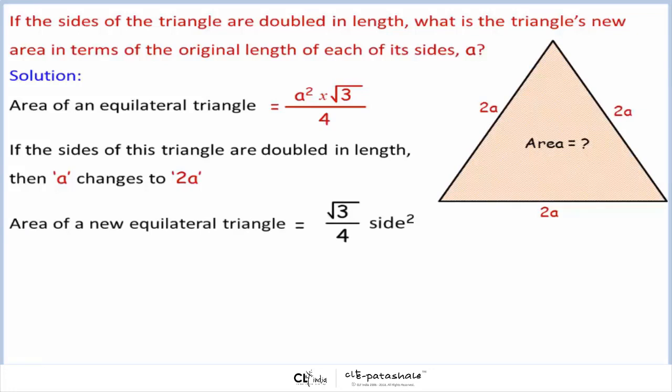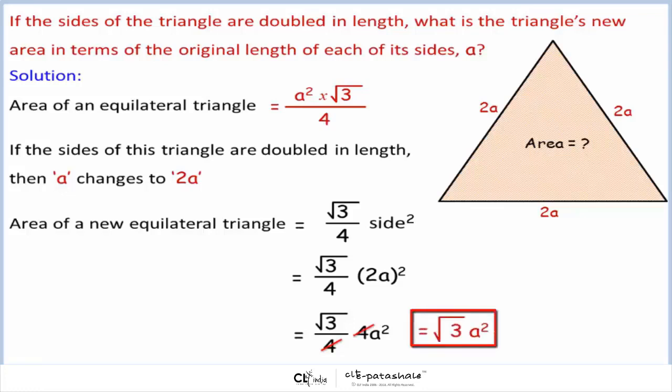Area of the new equilateral triangle with the sides double to the original length of the side is equal to square root of 3 divided by 4 multiplied by square of sides, which is equal to square root of 3 divided by 4 multiplied by 2A whole square, or square root of 3 multiplied by A square.